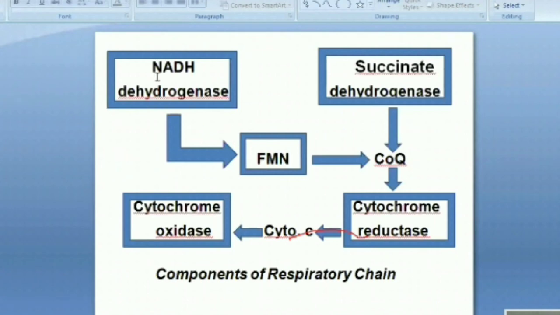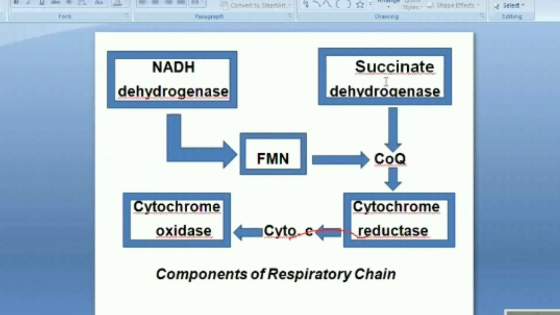Is it clear? These two constitute complex 1. Electrons from NADH come to the FMN. FMN cannot keep them because the affinity of coenzyme Q is more. That's why the electron moves ultimately to coenzyme Q.